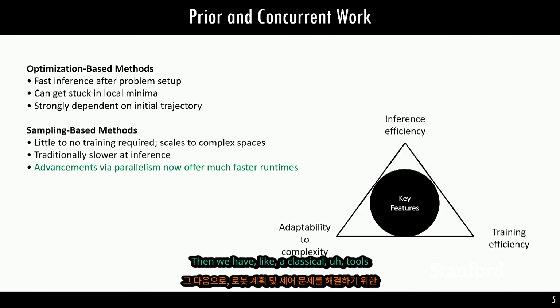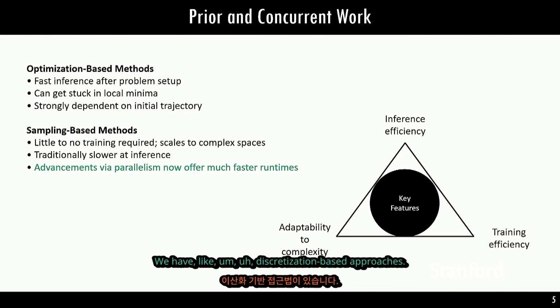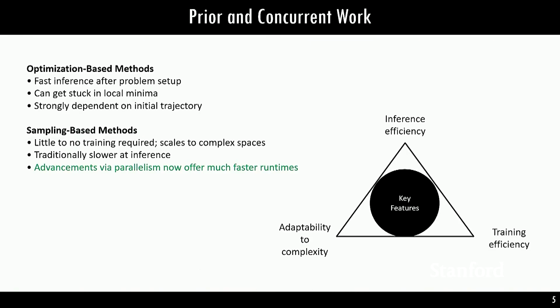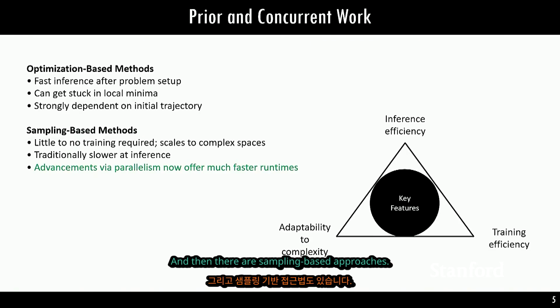Then we have classical tools for solving robot planning and control problems. We have discretization-based approaches. You may know A-star, you should. And then there are sampling-based approaches. There are other classical tools within control, like the random shooting method and techniques like that. These methods have high training efficiency.